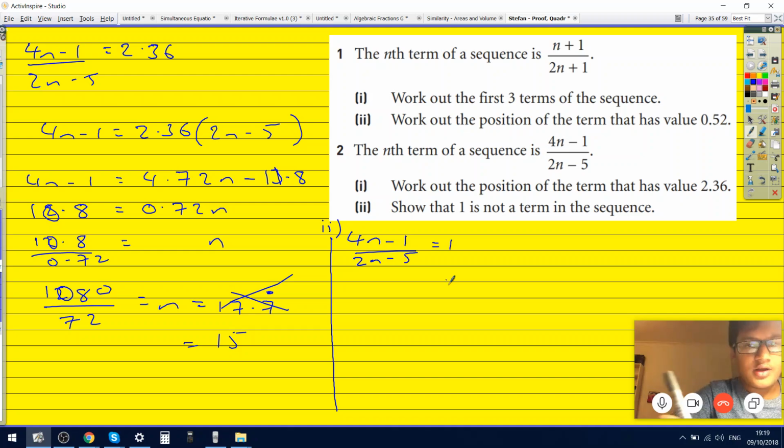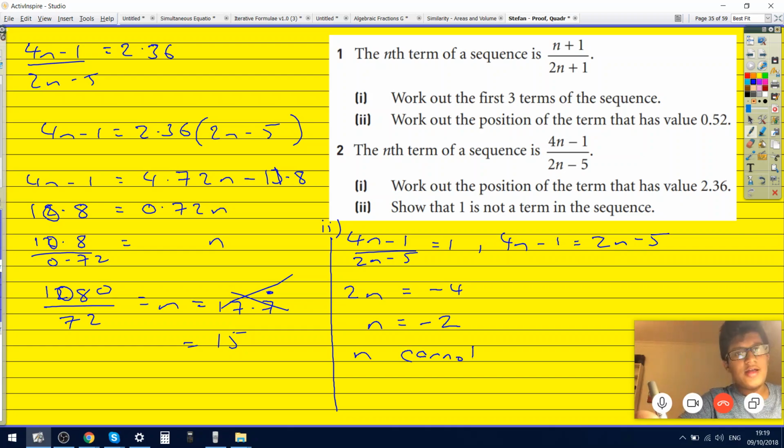So 4n minus 1 is 2n minus 5. 2n is minus 4, so n is minus 2. How does that show it? You can't have a negative position.